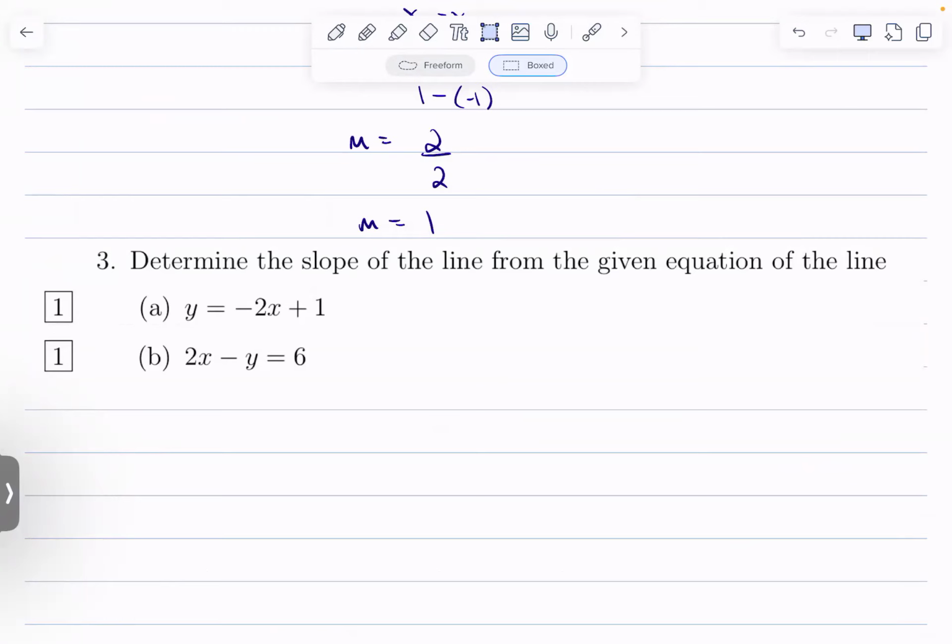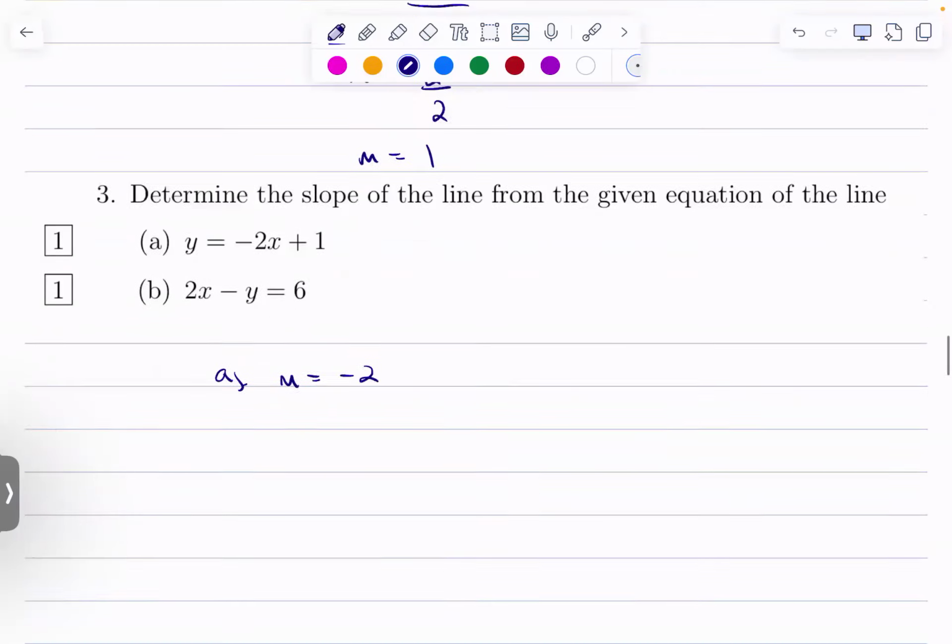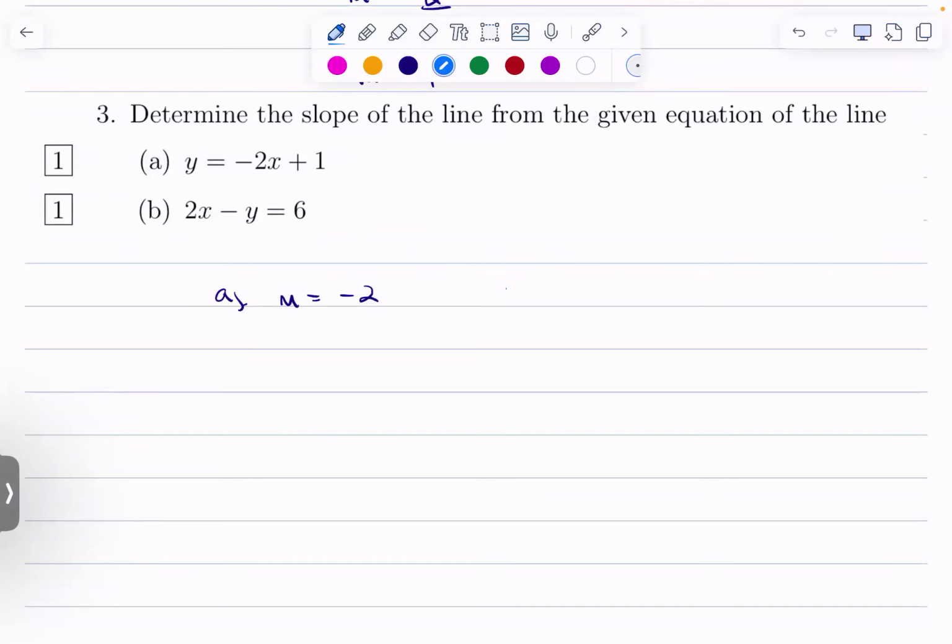First one, not too bad. It is in the form of y equals mx plus b, and so I see that m must be -2.